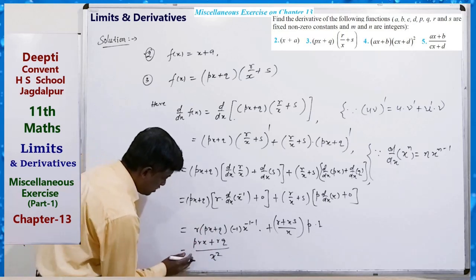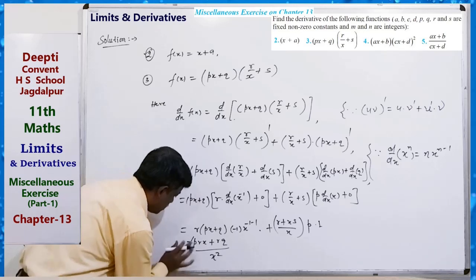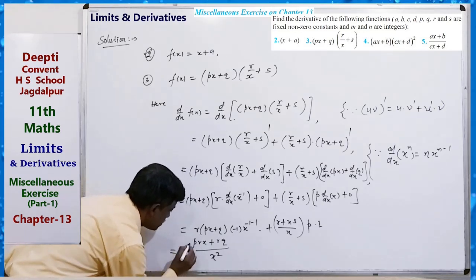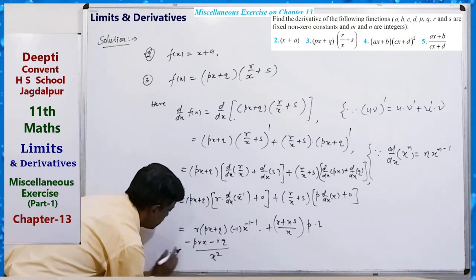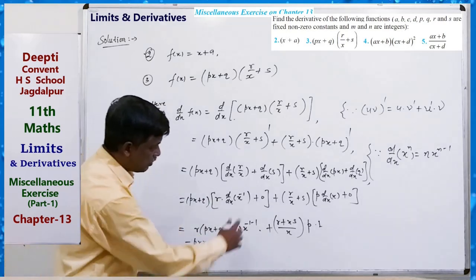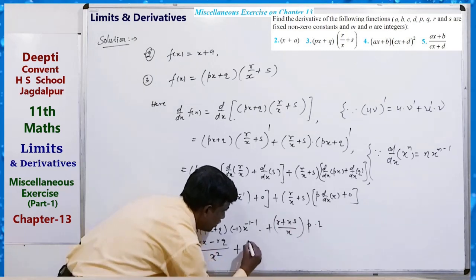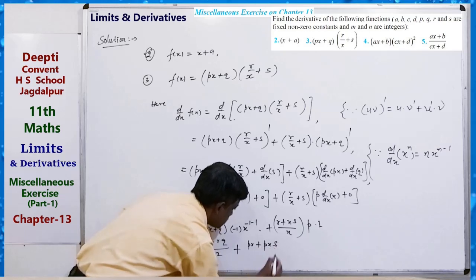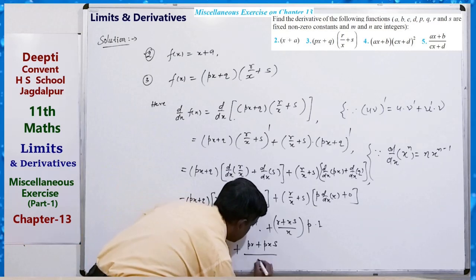The minus sign is here, we can write the minus sign with both of these. So we get this in the first part. And the second part, plus (pr + pxs) upon x.